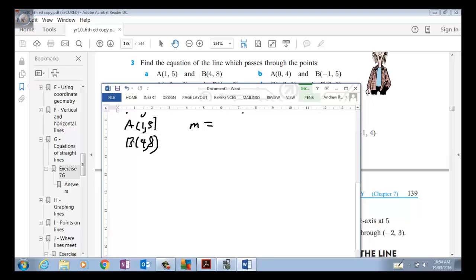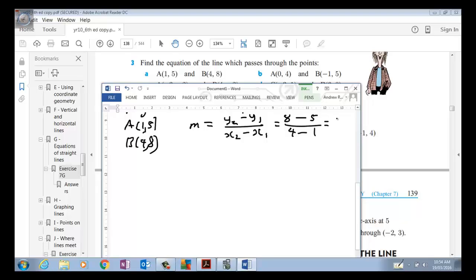I'm going to call B point 2 and A point 1. So y2 take y1 on x2 take x1. Now the y2 is 8, the y1 is 5, the x2 is 4, the x1 is 1.